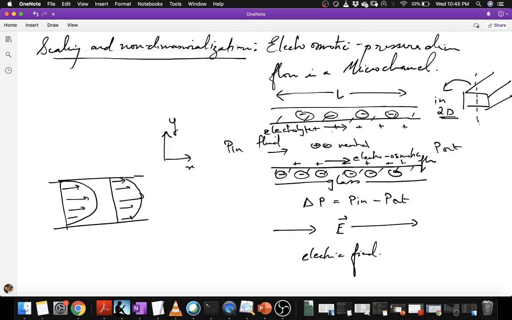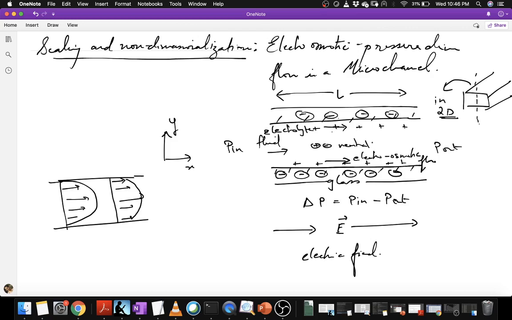But beyond that, we want to use methods of scaling analysis to understand the relative influence of the electro-osmotic or electric field driving force and the pressure gradient driving force on the fluid. In other words, I might want to ask, let's say for a fixed electric field and fixed properties of the glass and the electrolyte, how small should my channel be for these electro-osmotic effects to show up?